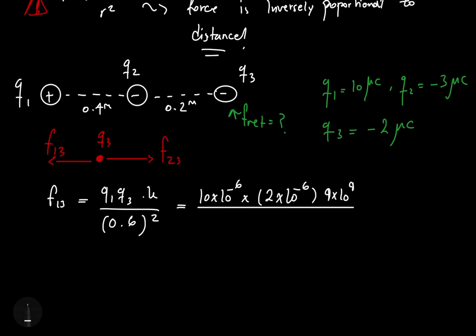Also, don't forget to put the charges in absolute values, divided by 0.6 squared, which is 0.36. So if you were to put that in the calculator, you're going to get about 0.5 newtons.